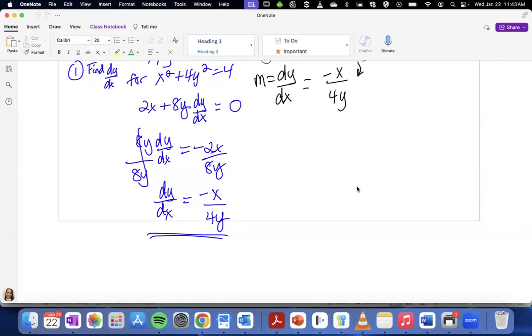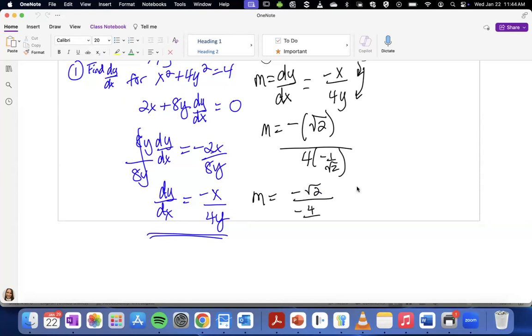So it's going to be negative my x value, root 2, all over 4 times my y value, negative 1 over root 2. Any questions yet? So simplifying, let's do the algebra. This becomes negative root 2 over negative 4 over root 2. What happens to those negatives? They just become positive, so that's easy.